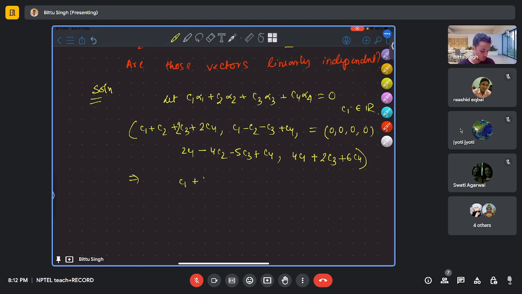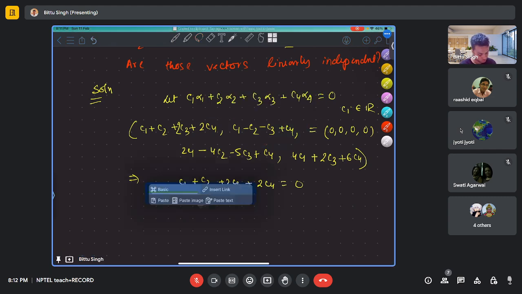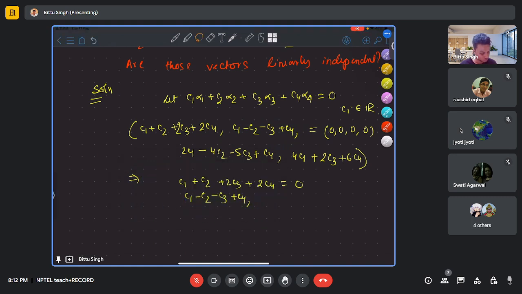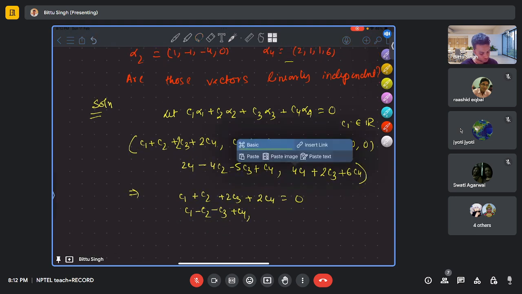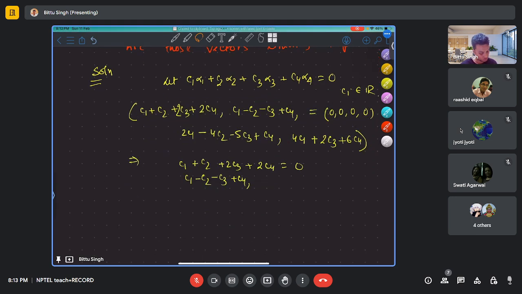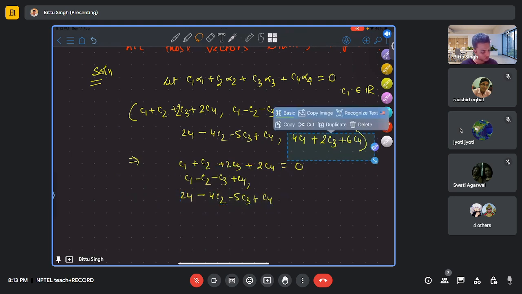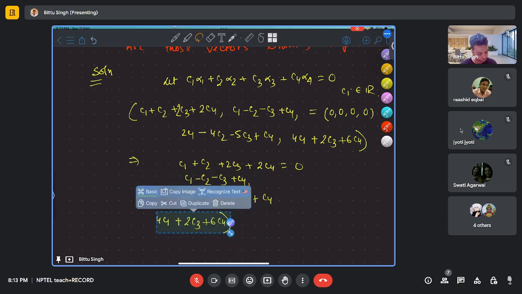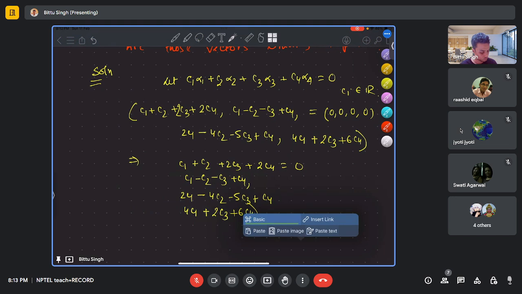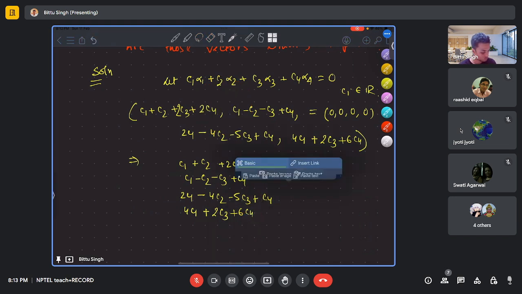That is, C1 plus C2 plus 2C3 plus 2C4 is 0, and similarly the other elements. So everything is 0.